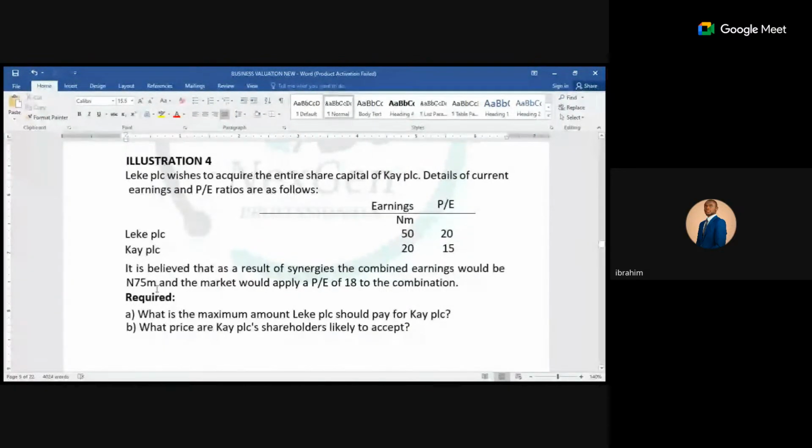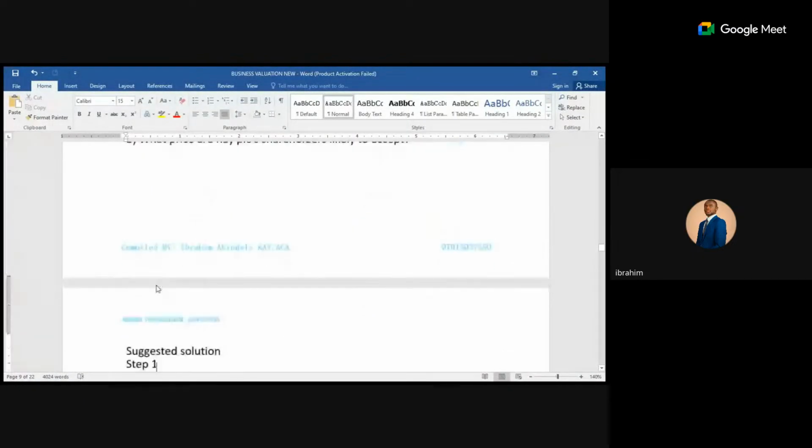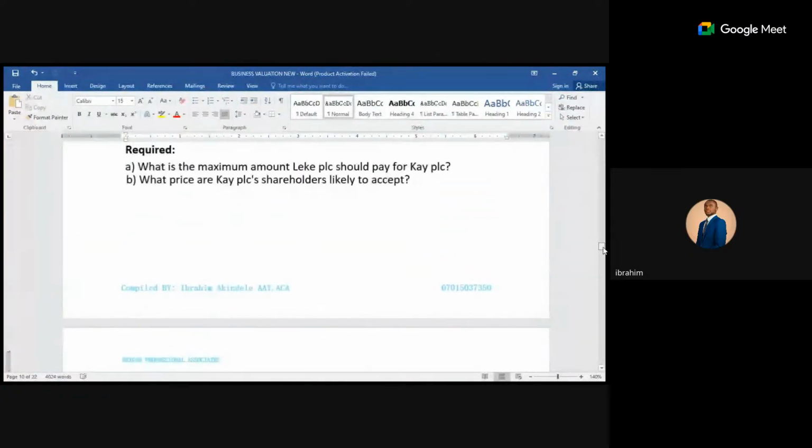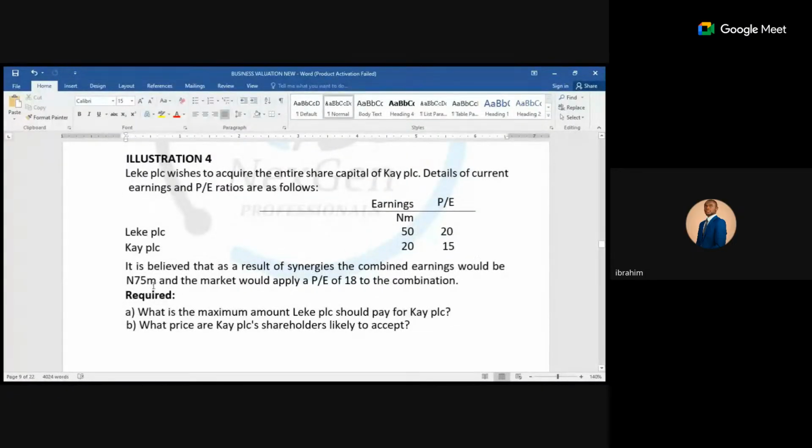Now, sometime, okay, let me finish this first. I will use some advanced approach in the second case scenario, right? Now, determine the value of the combined company. The earnings here is profit after tax of the combined, meaning that if you acquire everything, it will lead to what we call revenue synergy.